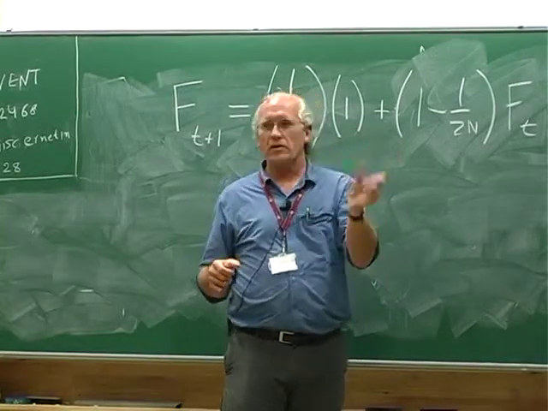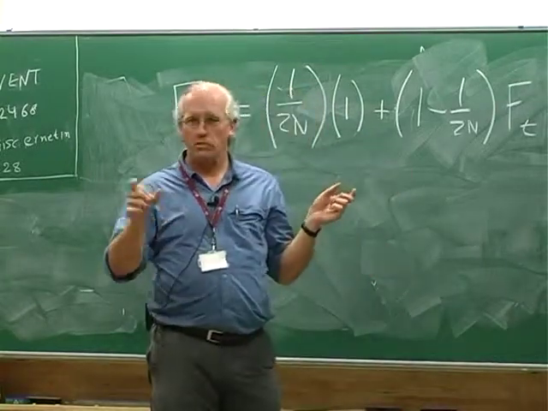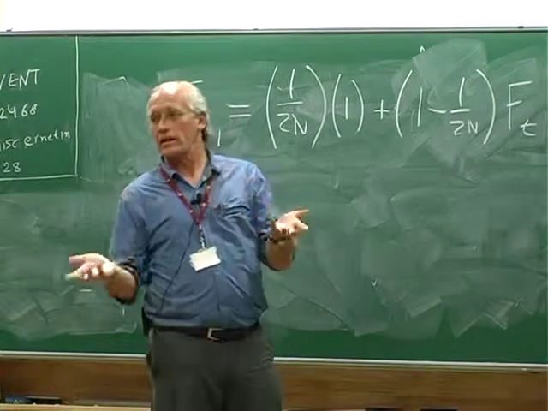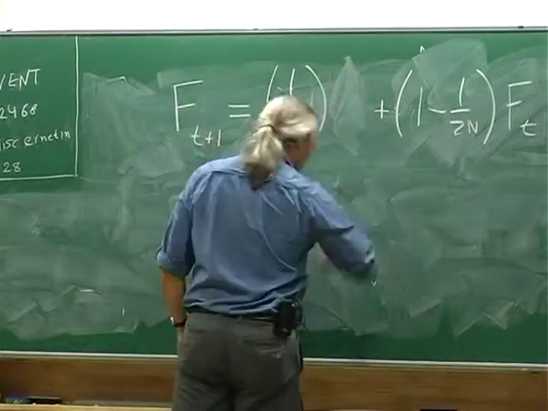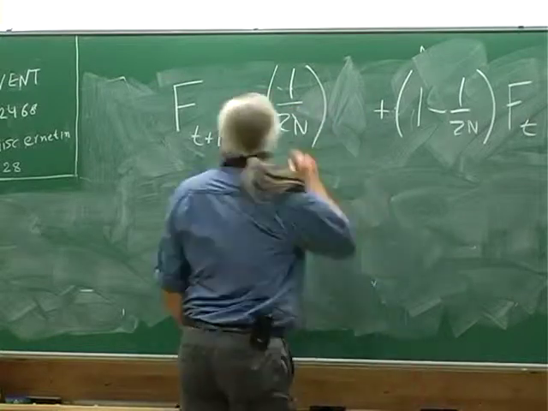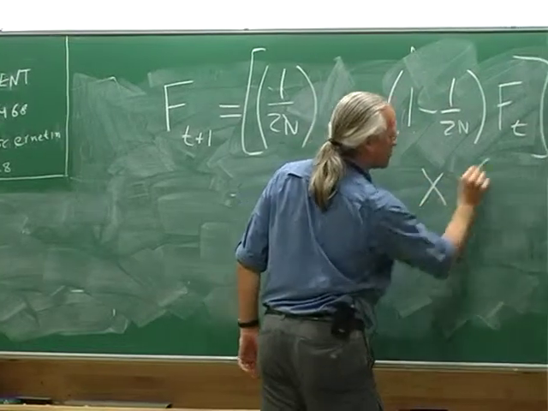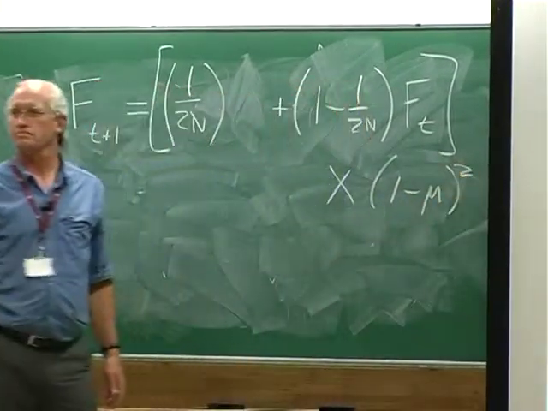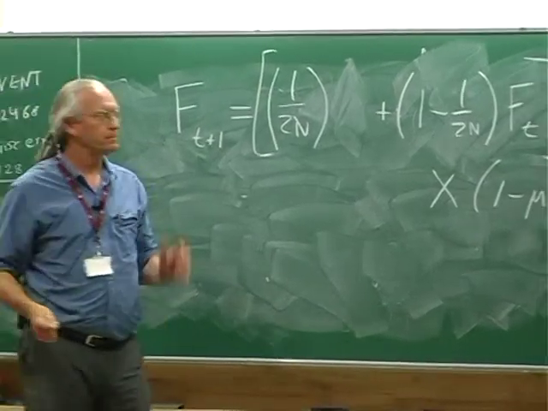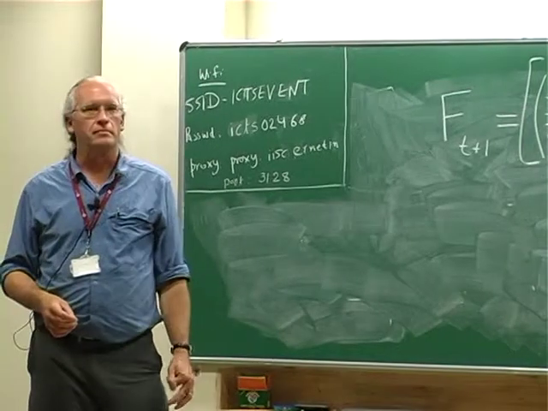The probability the first one doesn't mutate is 1 minus mu. The probability the second one doesn't mutate is 1 minus mu. So to get the answer, we can just take this whole thing and multiply it times 1 minus mu squared.